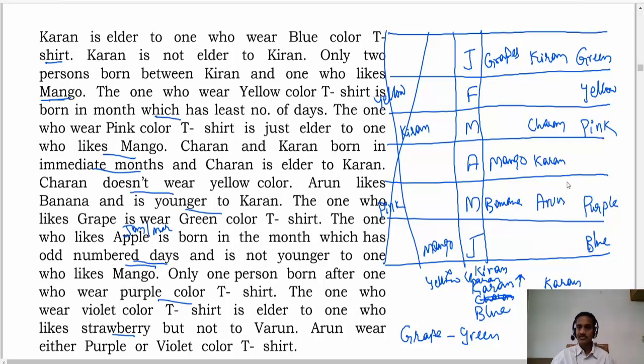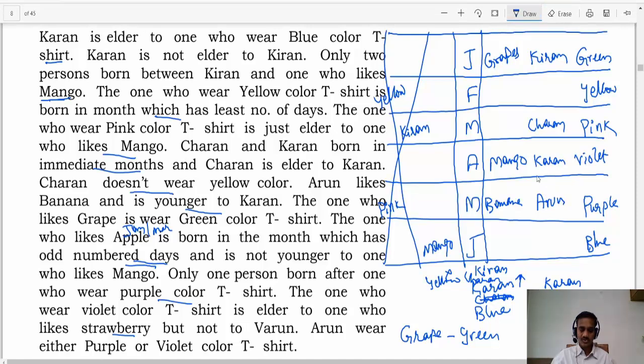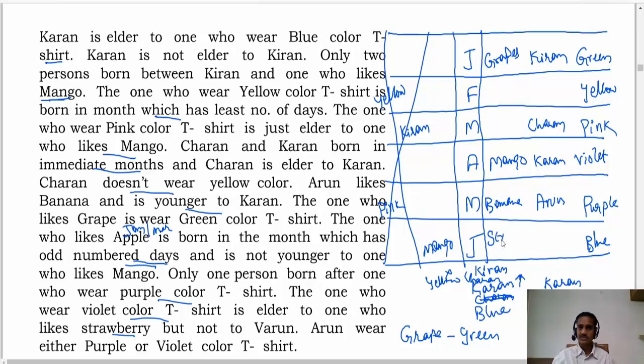The other color left is violet. Now the one who is violet is elder to whom? Only one person is born after purple; the one who wears the violet t-shirt is elder to strawberry. So strawberry must be the last.